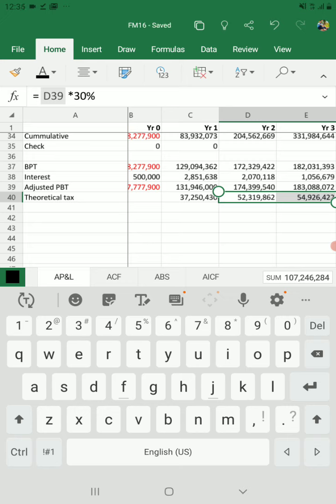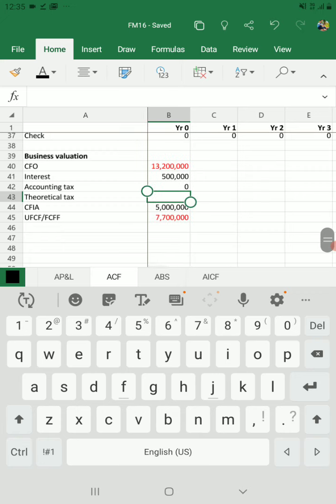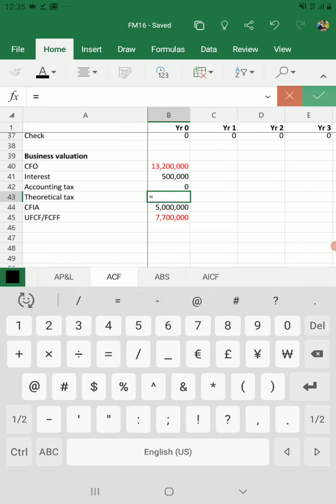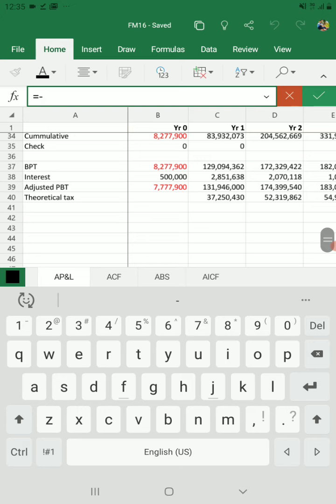Now we go to our annual cash flow sheet, and now we plug in this theoretical tax. We added back accounting tax, now we deduct the theoretical tax. So start with equal sign and then start with minus, and then click on annual profit and loss sheet and pick the figure for tax here in year 0, press enter.